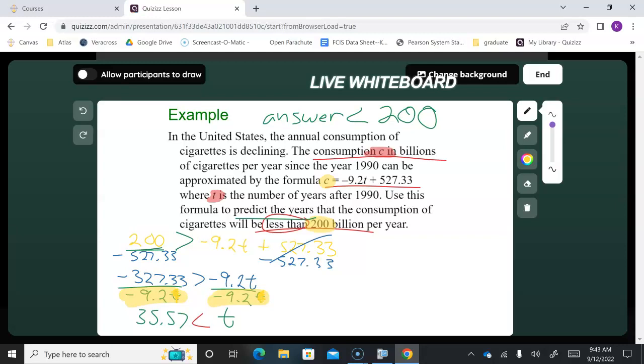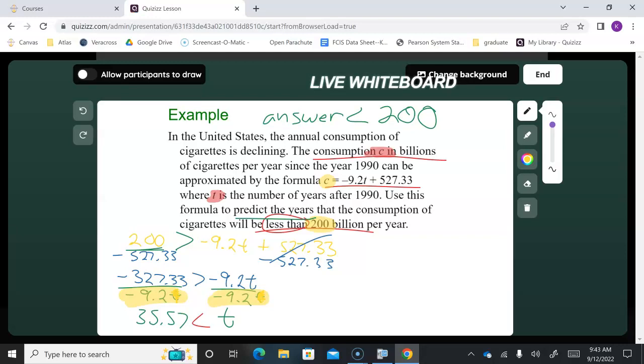I want you to think about it for 15 seconds. It's been 15 seconds already? I said wait 15 seconds. Don't worry, I'll tell you. Baylor. 1991? No. You said every year after that. What year will the consumption be less than 200 billion?